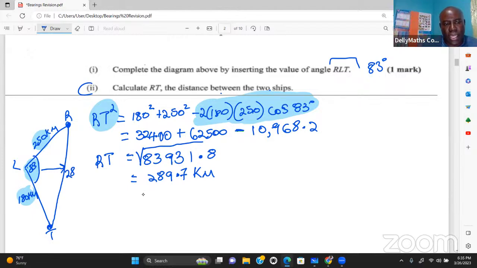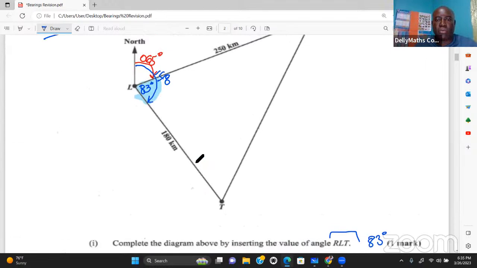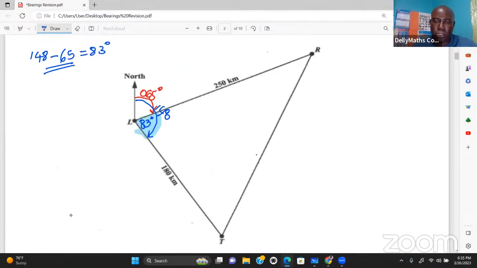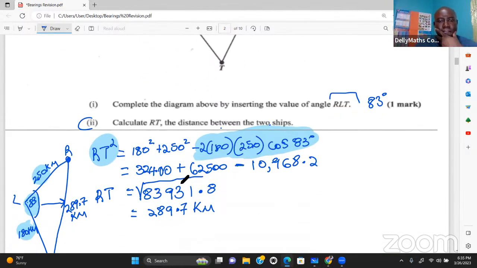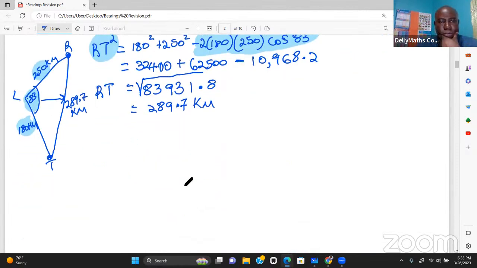So this is 289.7 km right there. Now, as you could see, we are employing a similar thing to what we just did. Let me label this diagram. We got 289.7 km for that. All right, so there it is.